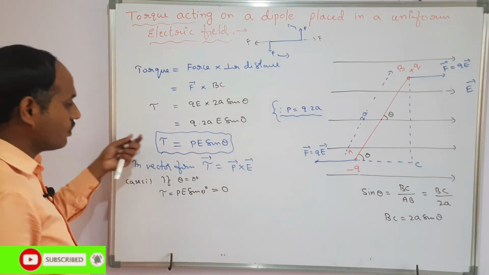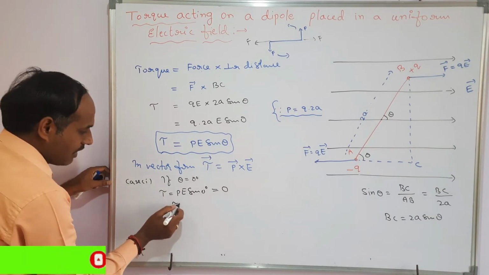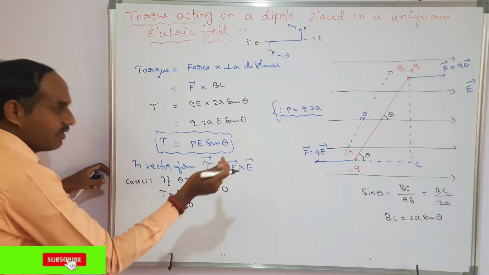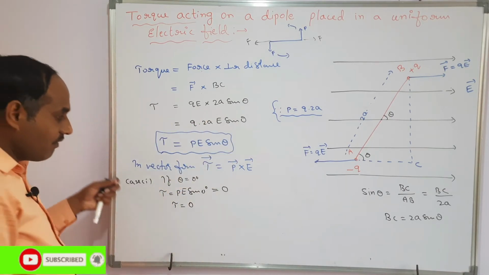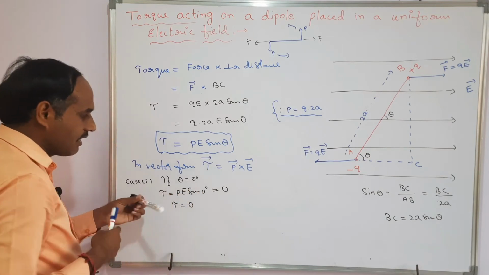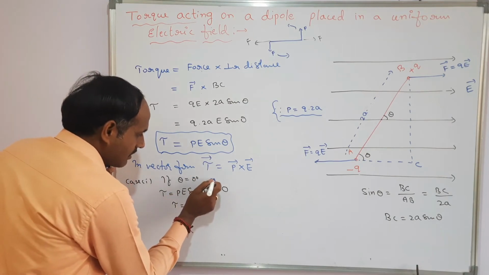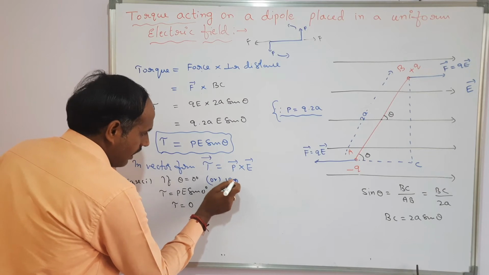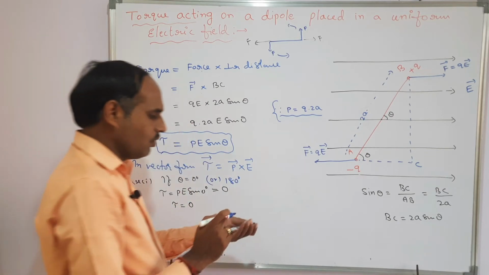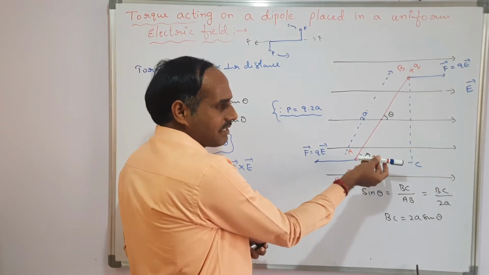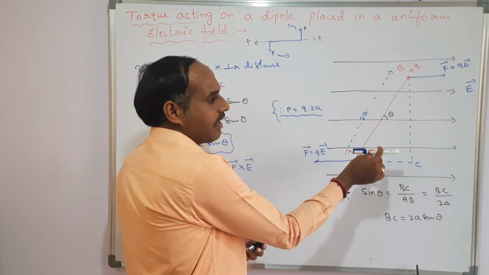So there is no torque on the dipole when it is in the direction of the field, or even if you are taking 180 degrees. 180 degrees means the same dipole which I previously placed like this, now I am rotating like this.